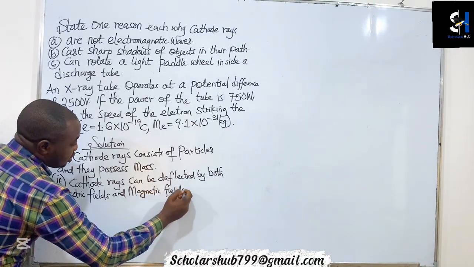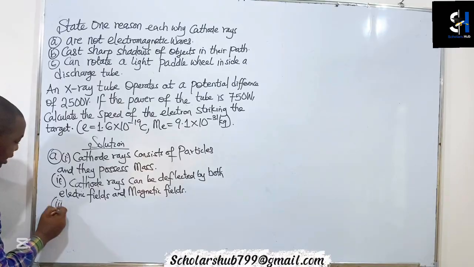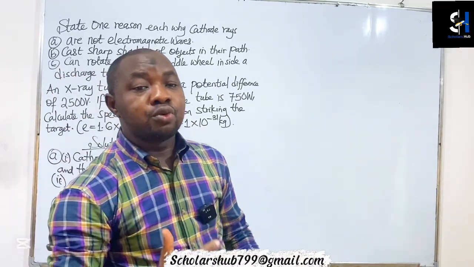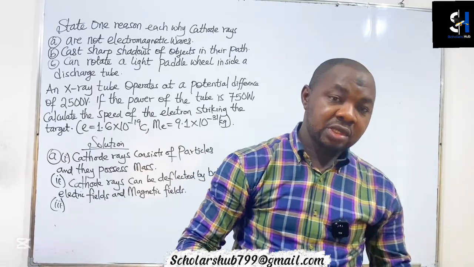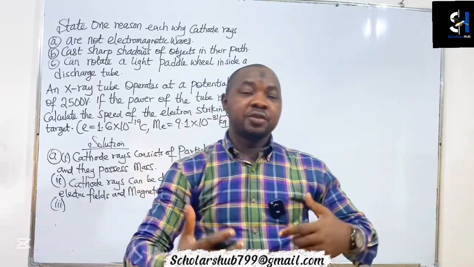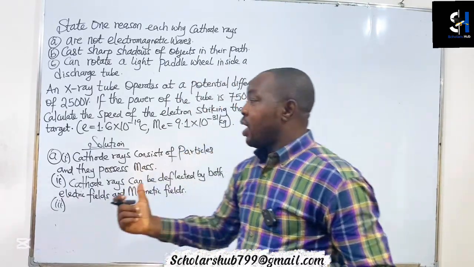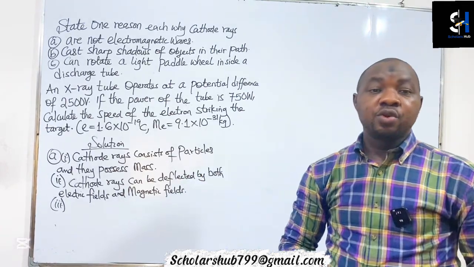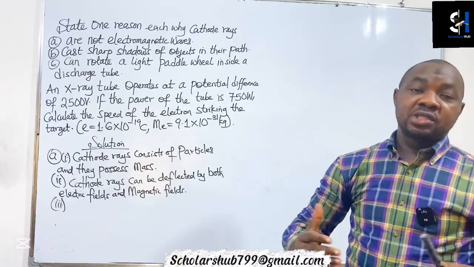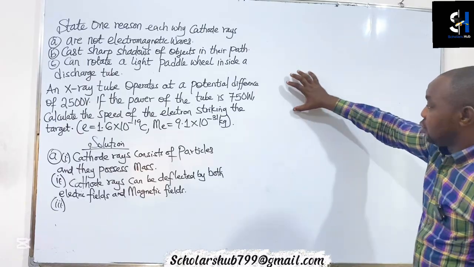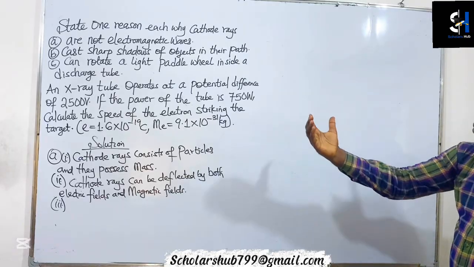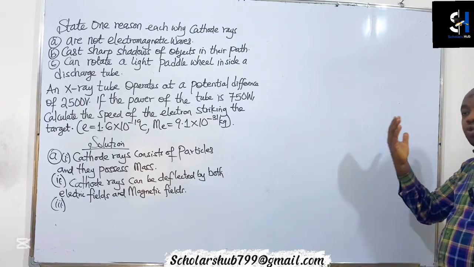Magnetic field. That's another reason. Okay. Now also, electromagnetic waves are produced by accelerating charges or by changing electric field and magnetic field, while cathode rays are produced from what we call field emission or thermionic emission, just like what we have in that diagram, where the blue rays come out from the cathode moving towards the anode.